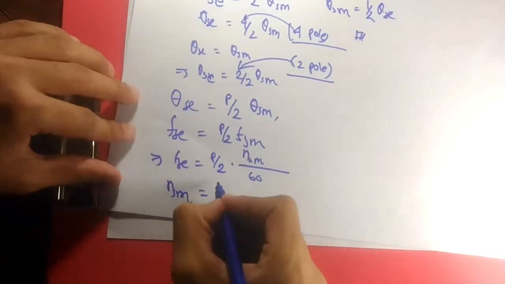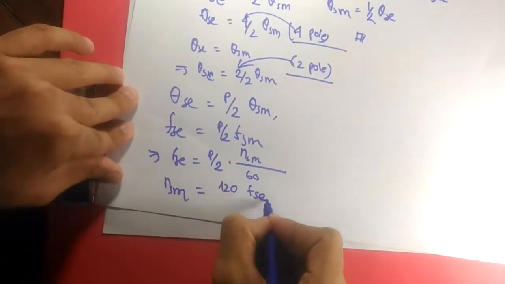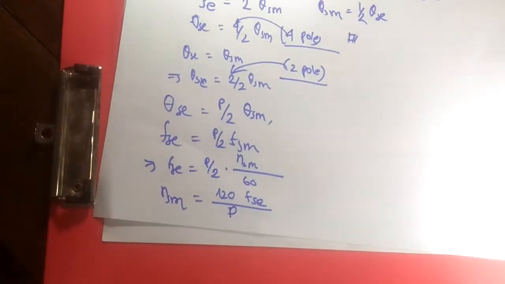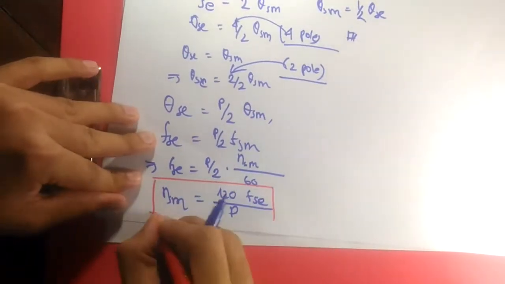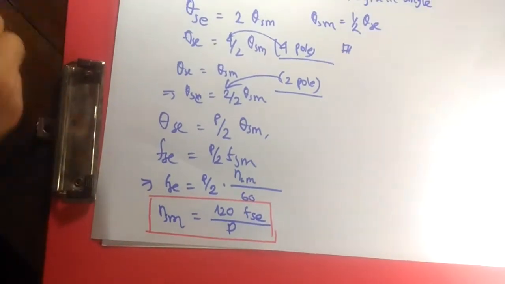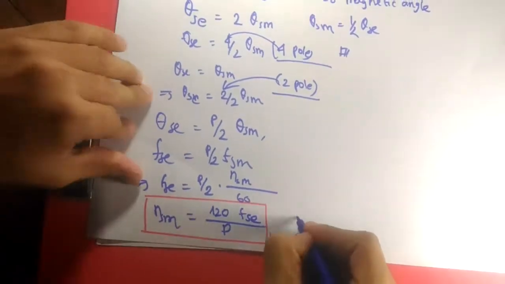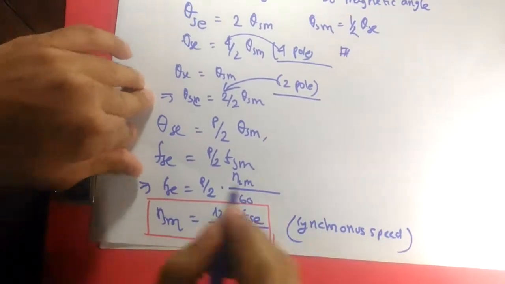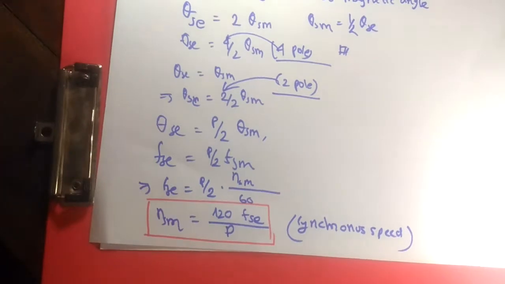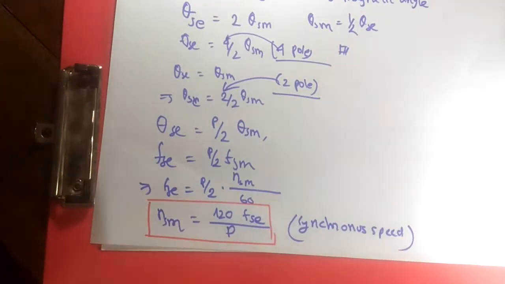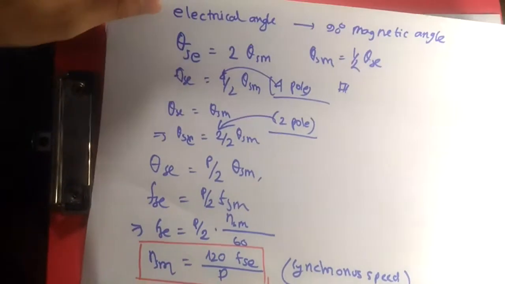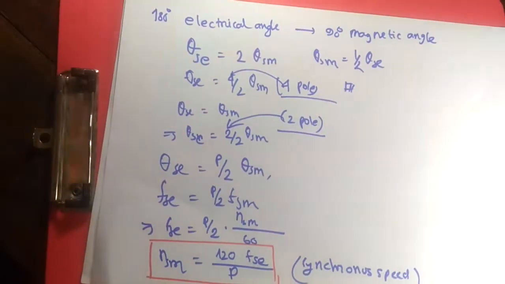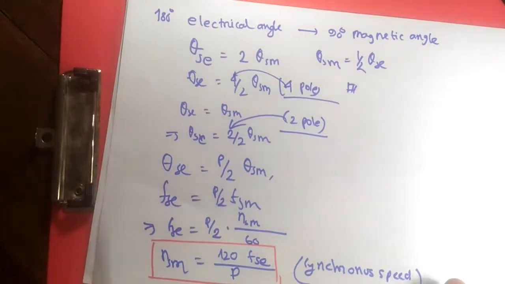NSM will be equal to 120 FAC over P, and this is called the synchronous speed equation, because this is the speed per minute of the motor and it's called synchronous speed. We're going to need this equation throughout our induction motor study, and it's the most fundamental equation of this whole induction motor mechanism.